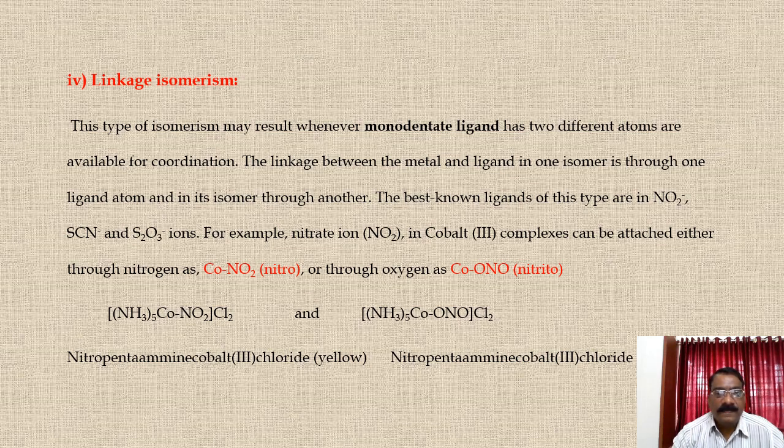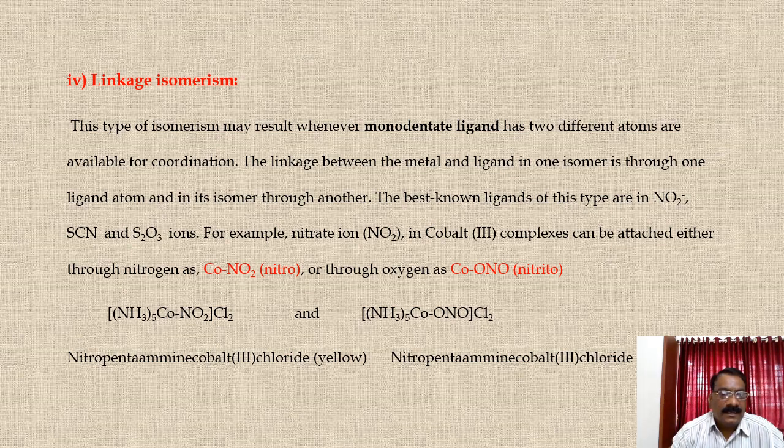For example, the nitrite ion NO2 in a cobalt(III) complex can be attached either through nitrogen as Co-NO2 or through oxygen as Co-ONO. NO2 is nitro and ONO is nitrito.